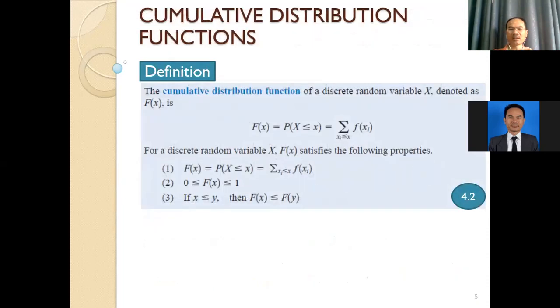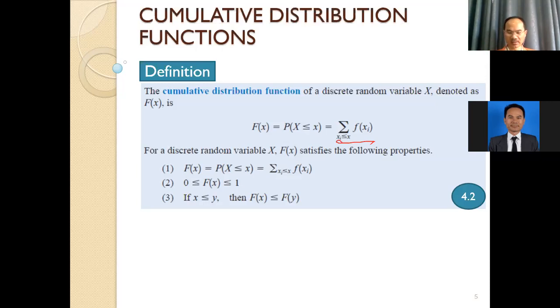Previously was the definition of the probability mass function. Now we talk about the cumulative distribution function. The cumulative distribution function equals the summation of f(xi), which means the probability that X is less than or equal to x.